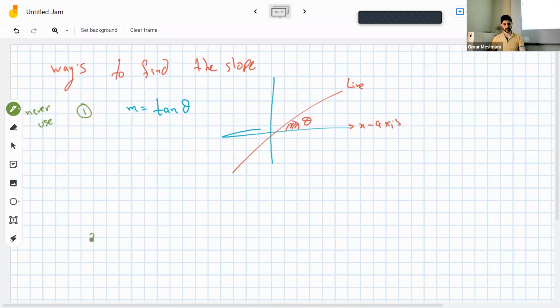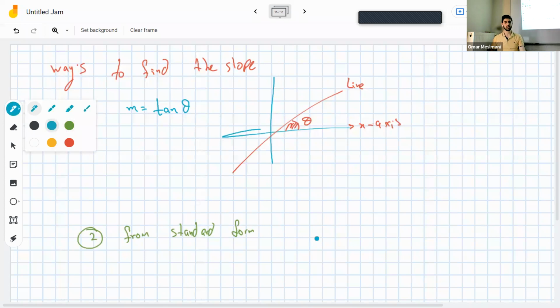The second thing I will do is I can calculate the slope from standard form. What is the standard form? It's ax plus by equals c. Yes or no?